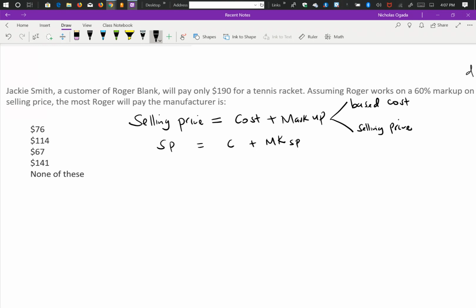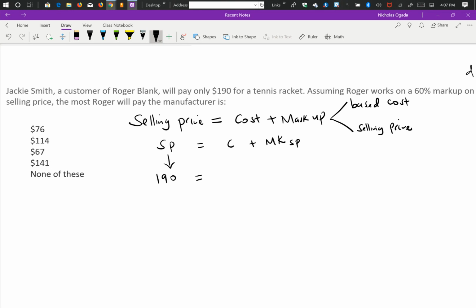So we then substitute in this equation what we know, and let the equation help us determine what we don't know. What we know from this problem is the selling price, so you substitute your selling price with 190.